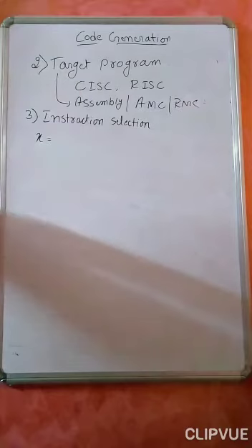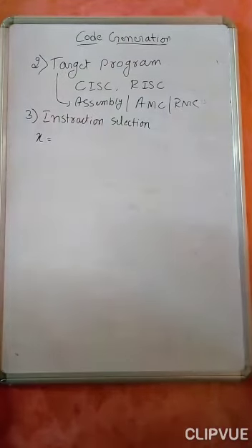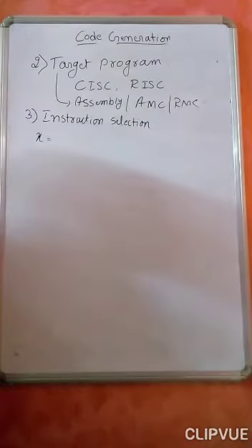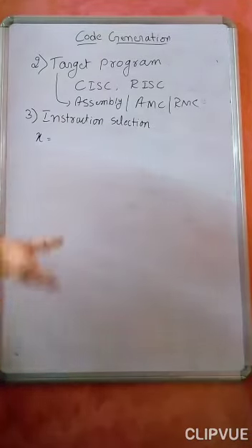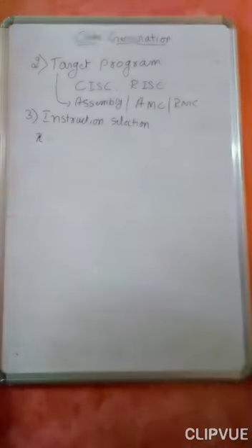You cannot use 3 operands in each instruction, and the number of registers available is also very less. But many addressing modes are supported by CISC.